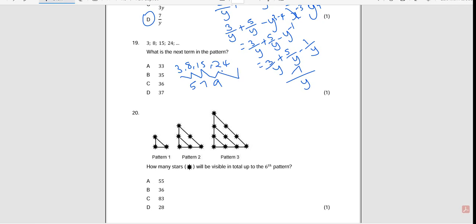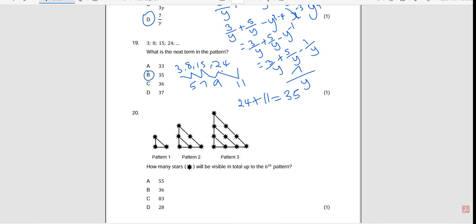Meaning that we see the differences here: from 5 to 7 is 2, from 7 to 9 is 2, so we're going to have 11 here, right? So the next term is going to be 24 plus 11, which is going to give me 35. So the correct answer is 35.